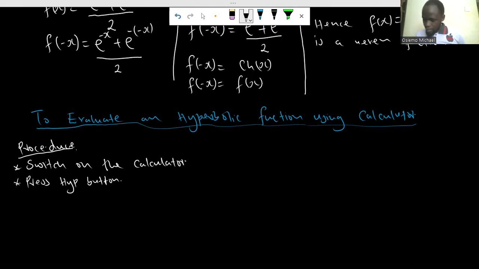So after pressing the Hype button, you press the shift. If I press the Hype button on this calculator, I'll get the hyperbolic functions. But with the FX 100, it is not direct like that.